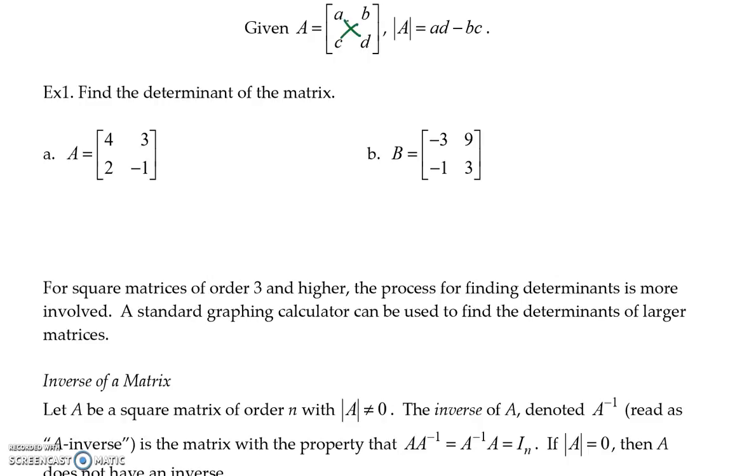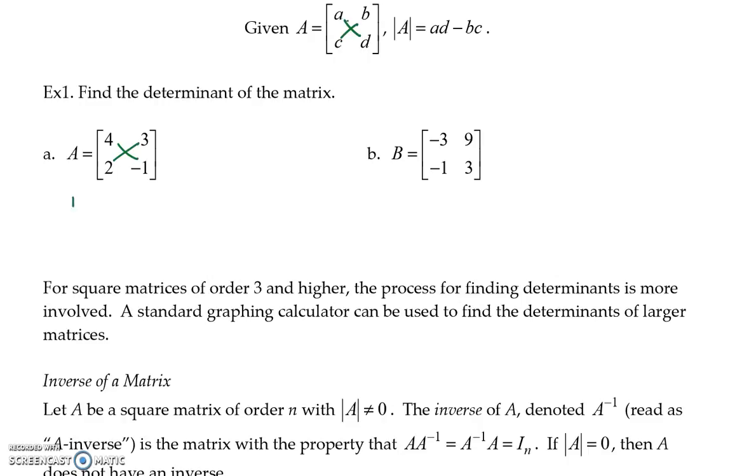So let's find the determinant for a couple of specific matrices in example 1. We have the 2 by 2 matrix shown in example 1a, and let's just consider the product of the entries in the two diagonals.